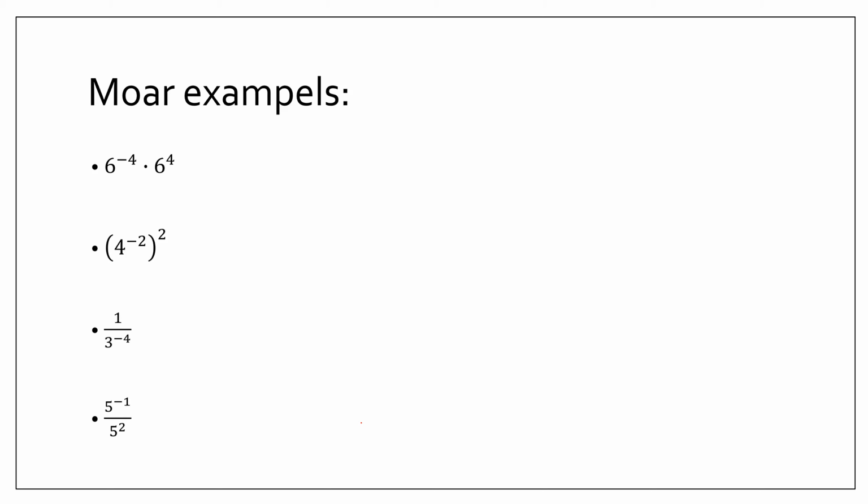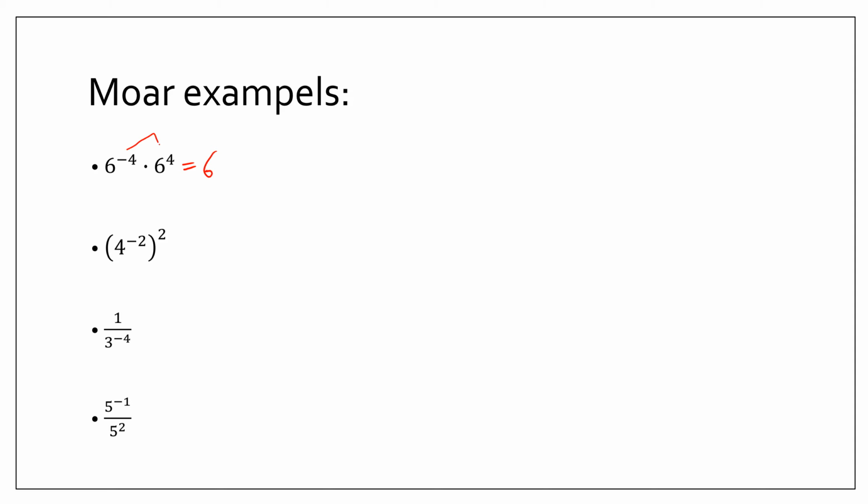Some more examples. So we can mix in exponent rules with negative exponents. For example, let's take a look here. I have 6 to the negative 4 times 6 to the 4th. Now, let's not get freaked out by the negatives yet. Just remember that if you have the same base, if you have a power times a power, what do I do with the exponents?